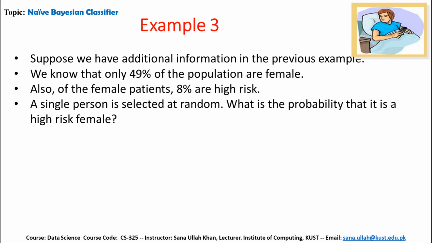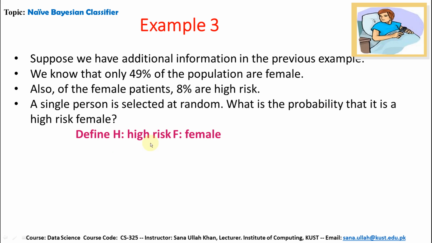Suppose we have additional information. In the previous example, we know that only 49% of the population are female. Also, of the female patients, 8% are high risk. A single person is selected at random. What is the probability that it is a high risk female?